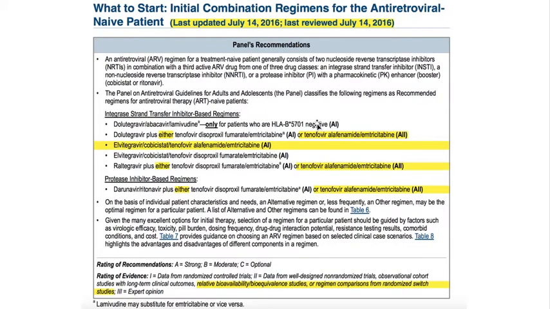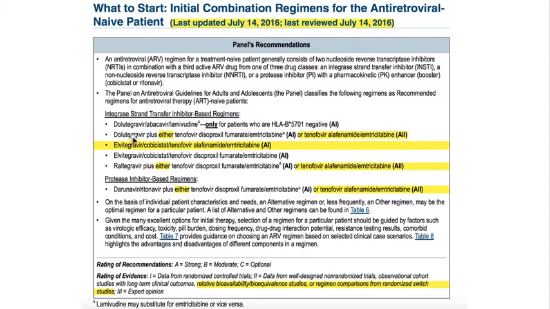The current preferred regimens are the integrase strand inhibitor regimens, which include dolutegravir plus either two nucleoside reverse transcriptase inhibitors, abacavir, lamivudine, or most people use dolutegravir plus tenofovir and emtricitabine. When all the formulations of tenofovir are converted to alafenamide, this will be tenofovir alafenamide, emtricitabine.